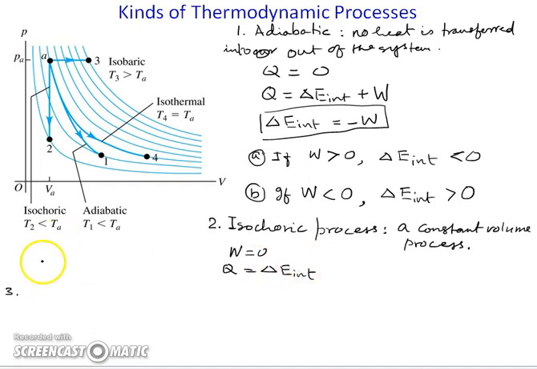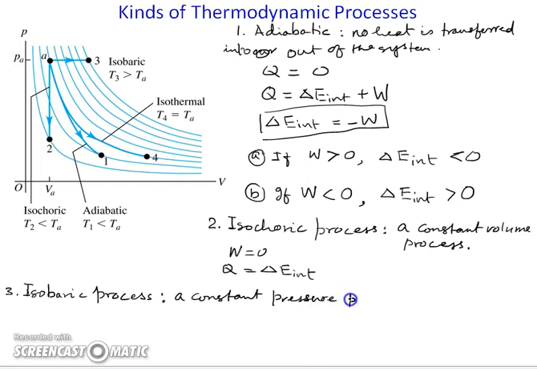The third process is called the isobaric process, and this is a process where pressure does not change. So this is a constant pressure process, right?